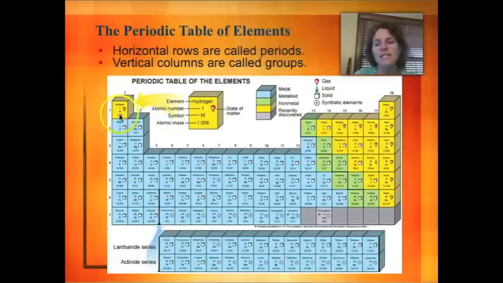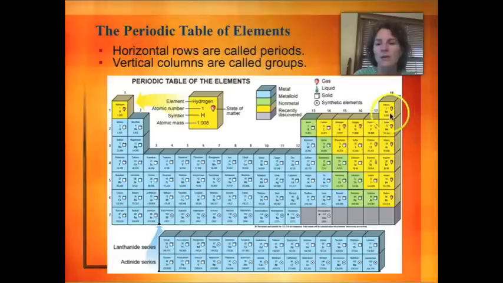Scientists have organized these elements into a table which we call the periodic table. The horizontal rows are called periods, whereas the vertical columns are called groups. And if you remember, they have organized these elements in the periodic table in order to show certain relationships.